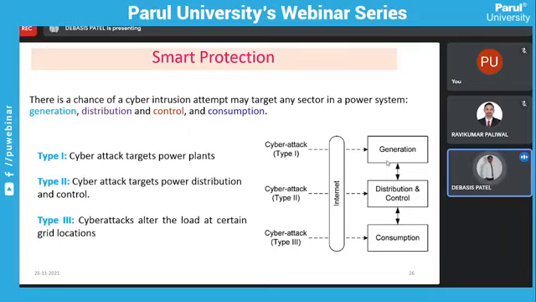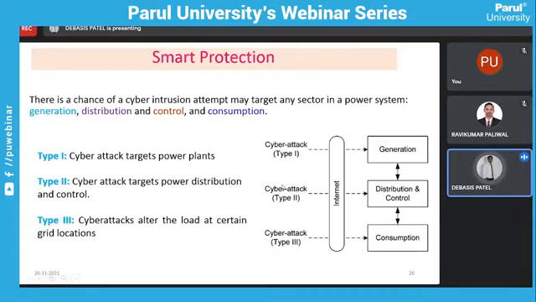As you all know, nowadays cyber attacks are happening more. Whenever we go for communications and information technology, it should be designed in such a way that it is safe from any attacks.